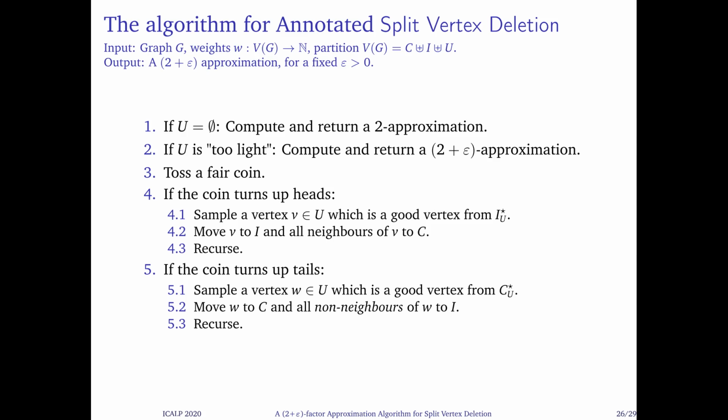If the coin turns up heads, then we sample a vertex V from the undecided set, which is a good vertex from I star U. We move V to I and all neighbors of V to C, and then we recurse. If the coin turns up tails, we sample a vertex W from U, which is a good vertex from C star U. We move W to C and all its non-neighbors to the set I, and then we recurse. So this is the algorithm.